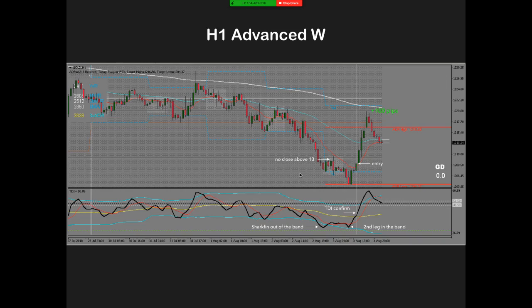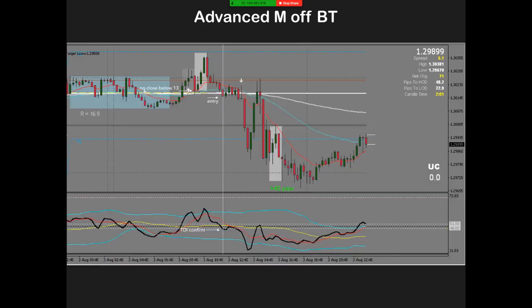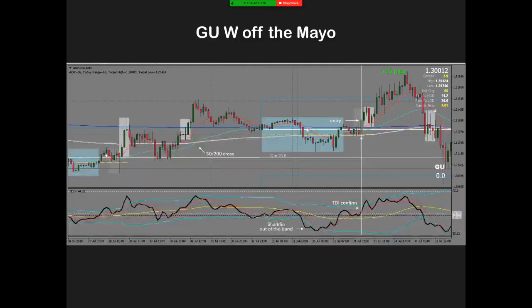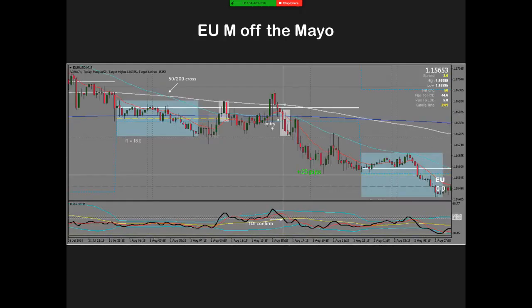But I know some people in the group did take some of these trades and made out pretty well with them. Especially, I think some people caught this gold trade, and I know some people caught the EU trades as well. What other trades did we call? EU CAD, I know some people caught.